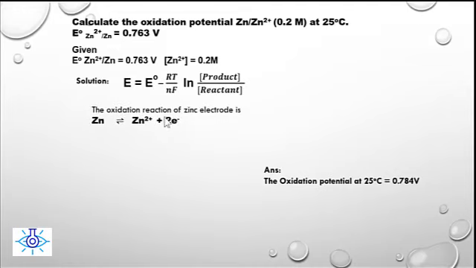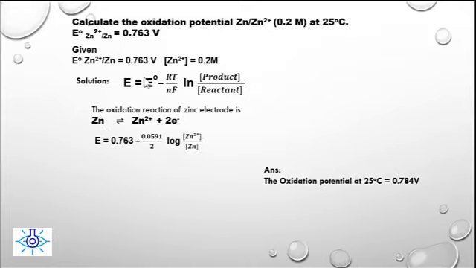The reaction involved is oxidation, and oxidation involves loss of electrons. Zinc loses 2 electrons and forms Zn2+ ion. So the product is Zn2+ and the reactant is Zn.